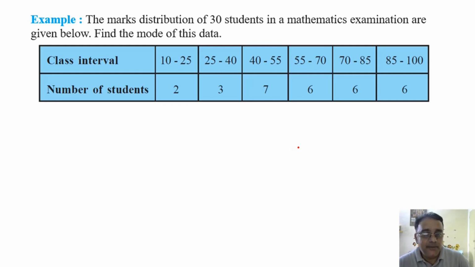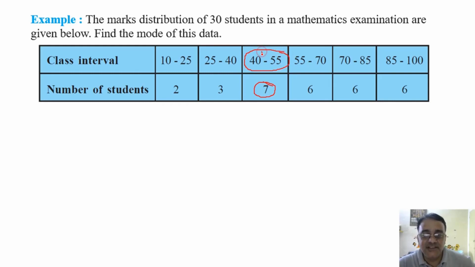So यहाँ पे हम लोग को separate table बनाने की जरूरत नहीं है. So which is the highest frequency here? Highest frequency कौन सा है यहाँ पर? मैंने पूछा frequency, 7. Okay, अब वो किस क्लास का है? 40 to 55.